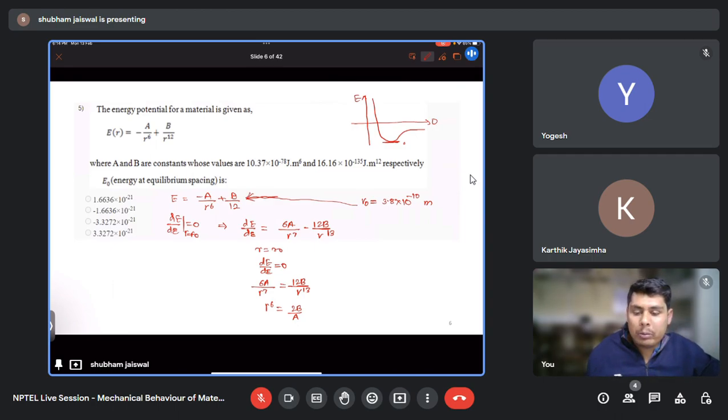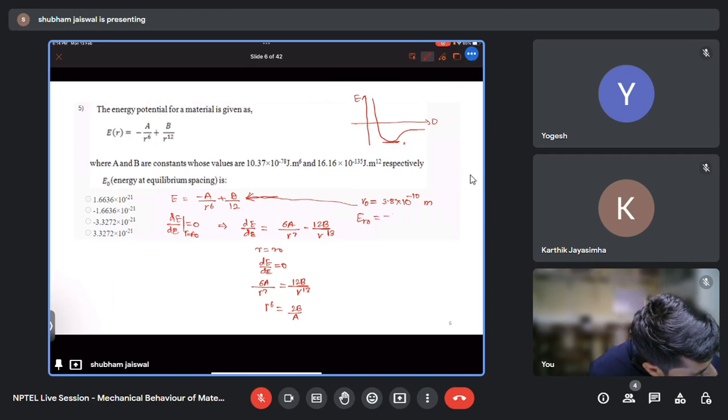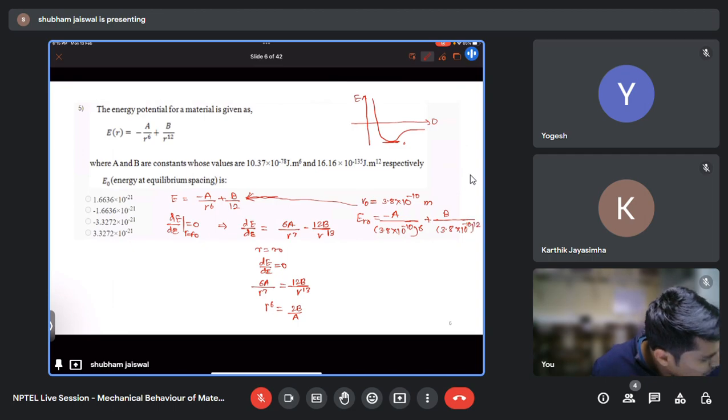Now, if I put this r naught value in this equation, I will get the energy at equilibrium spacing. So energy at r naught equals minus A upon (3.8 into 10 to the power minus 10) to the power 6 plus B upon (3.8 into 10 to the power minus 10) to the power 12.